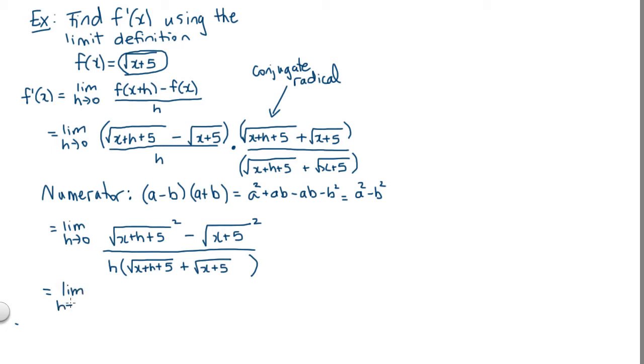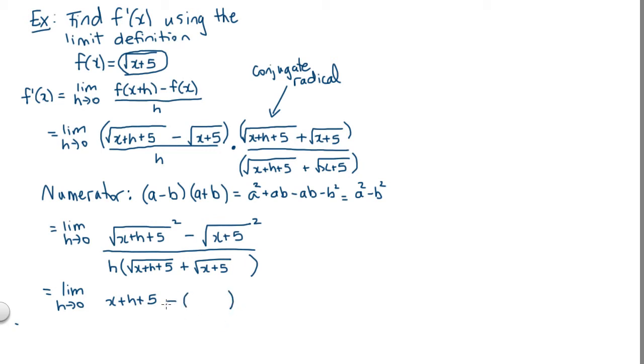So we're looking at the limit as h goes to 0. And if we square this square root here, we're just undoing that square root. So we got x plus h plus 5. And then we are going to subtract off everything that we get from the second term. So not a bad idea to put brackets on there.